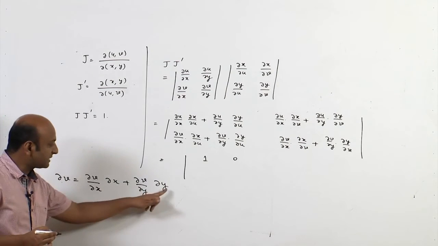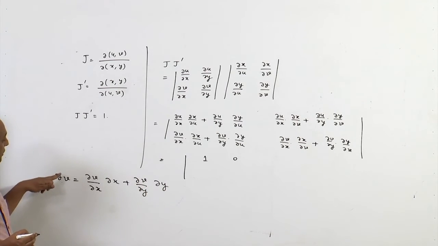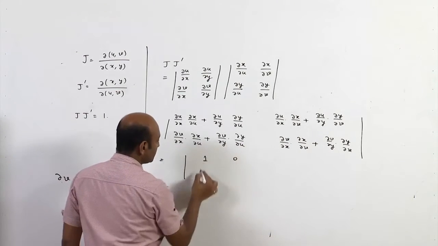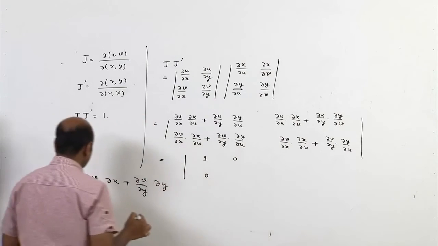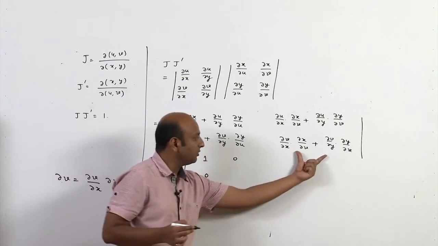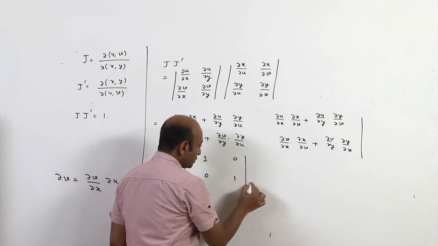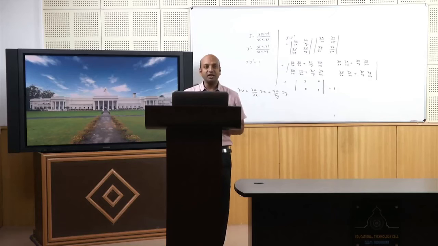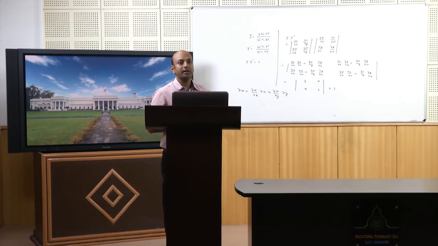When you divide the entire expression by del u, u and v are independent. So, this will be 0, hence the value of this expression will be 0. And when you divide the entire expression by del v, so del v by del v is 1. So, the value of this expression will be 1. So, determinant is 1. So, hence we have shown that J into J dash is always 1.